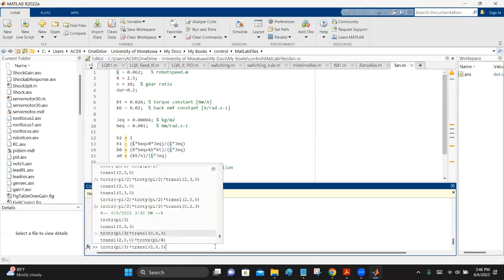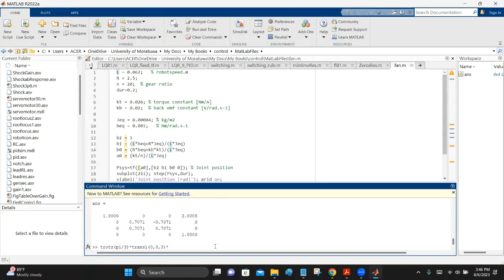Earlier you had this one and then multiplied by, say, a translation 2, 0, 0, and then another one, t dot x, pi by 4.